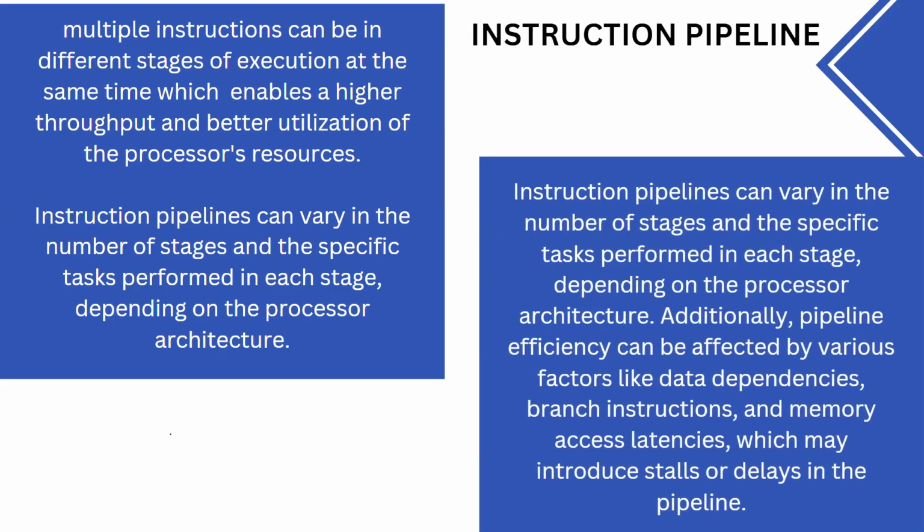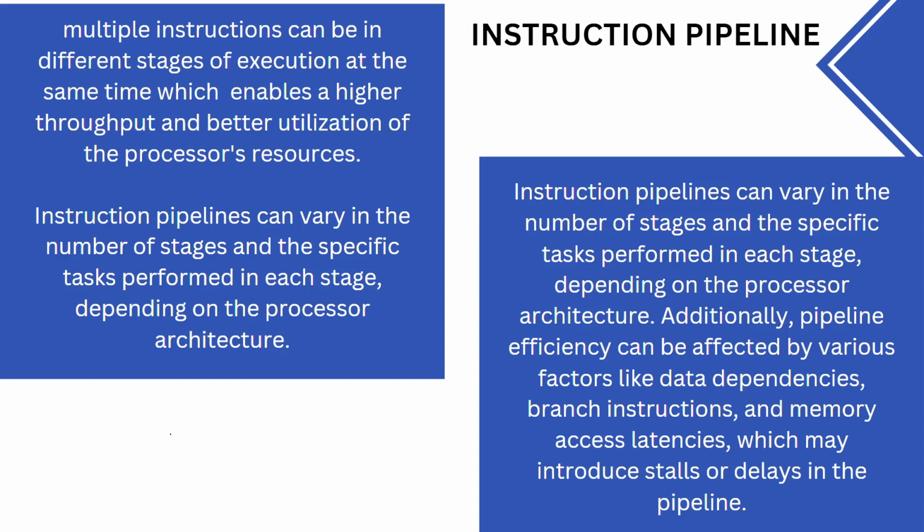Multiple instructions can be in different stages of execution at the same time, which enables higher throughput and better utilization of the processor's resources. Instruction pipelines can vary in the number of stages and the specific tasks performed in each stage, depending on the processor architecture.